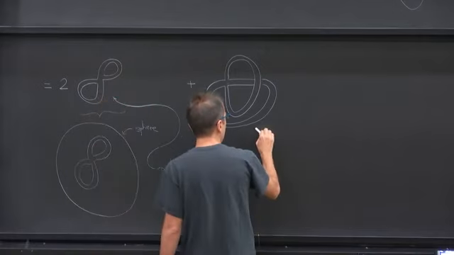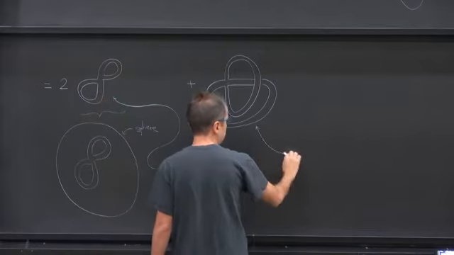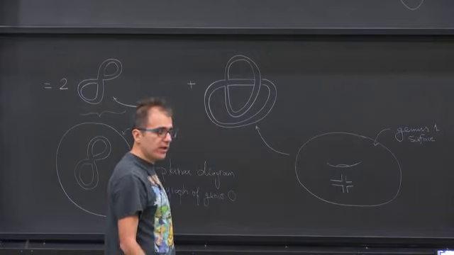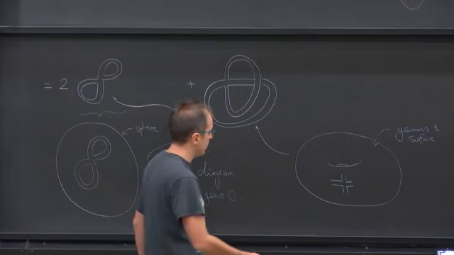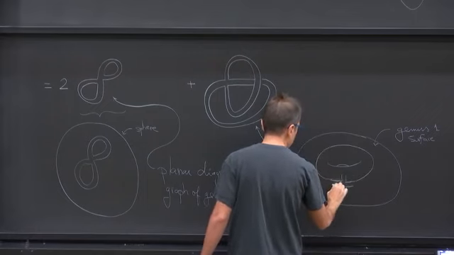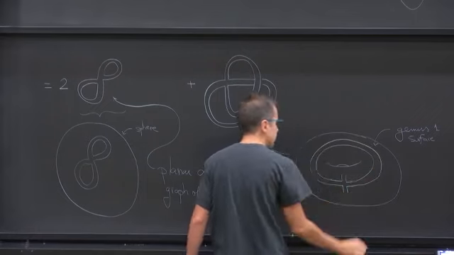Now you can, however, draw it on a donut. So if you have a donut, which is a genus 1 surface, so now this is not a sphere, this is a genus 1 surface. Now you can draw this graph here. You just start drawing the quartic interaction here. And you want to connect these points without crossing these lines. So you connect this with this, and this with this.